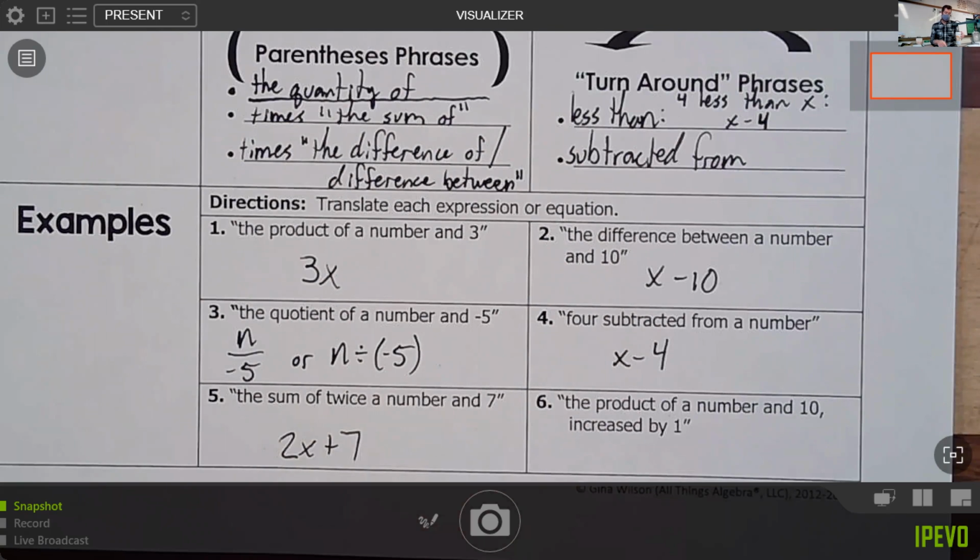I would like you to try number 6 on your own. See what you get.